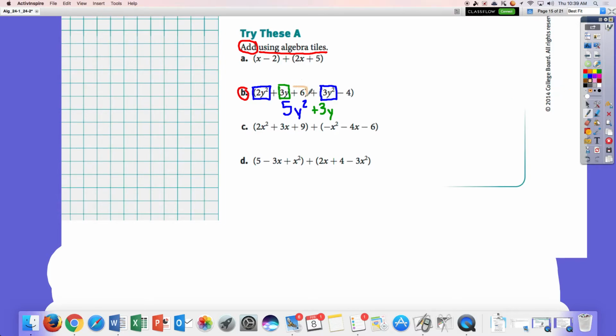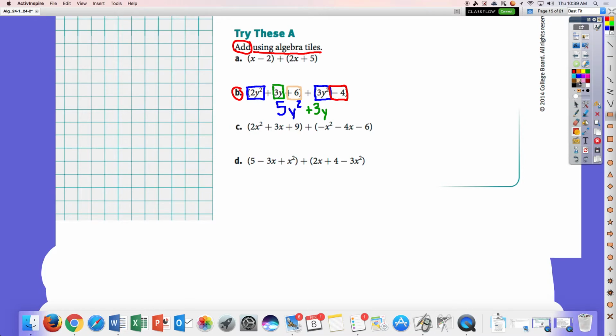And then my final constant terms have a positive 6 minus 4, or a negative 4. And if we were looking at this with our algebra tiles, which you could do as well, this would leave me with 1, 2, 3, 4, 5, 6 cream or yellow squares.